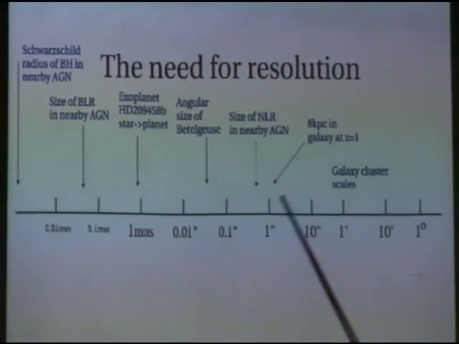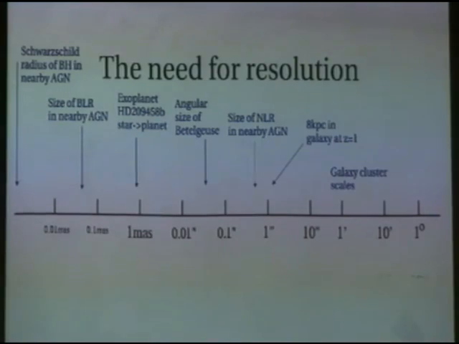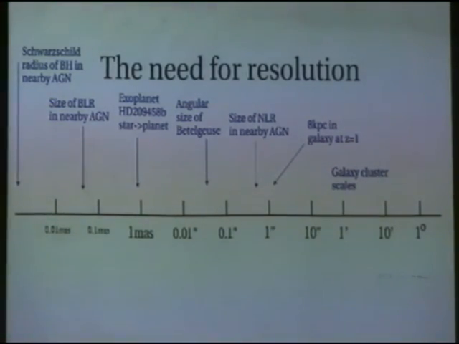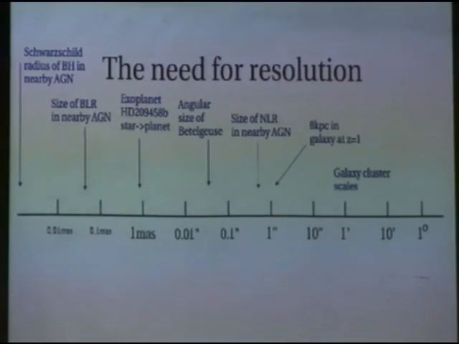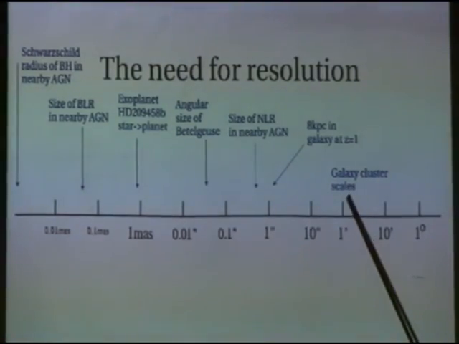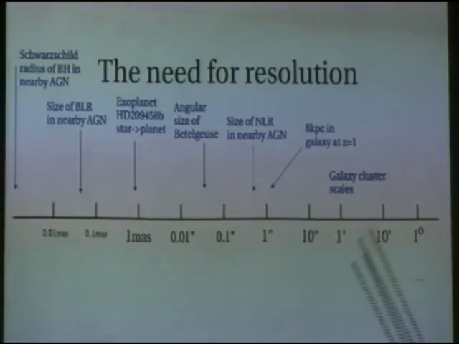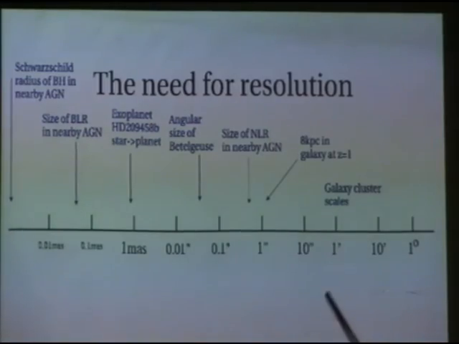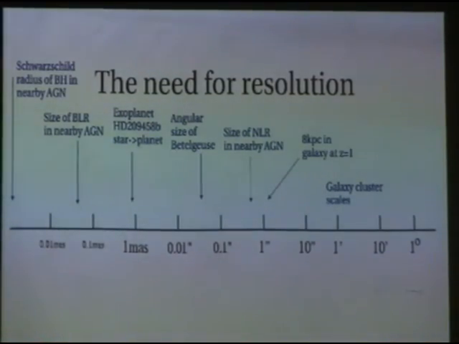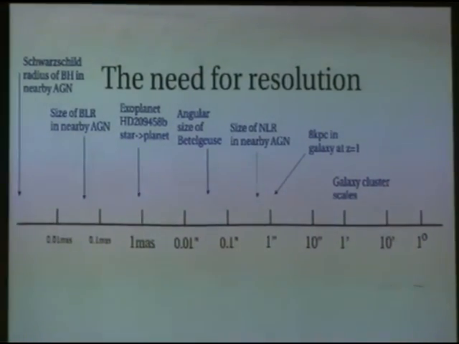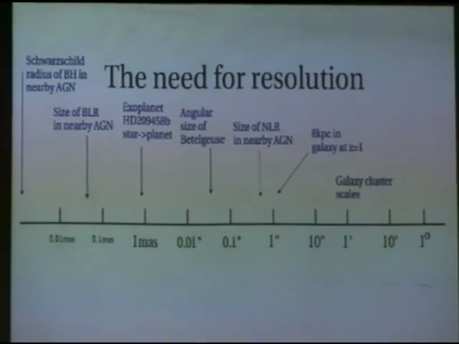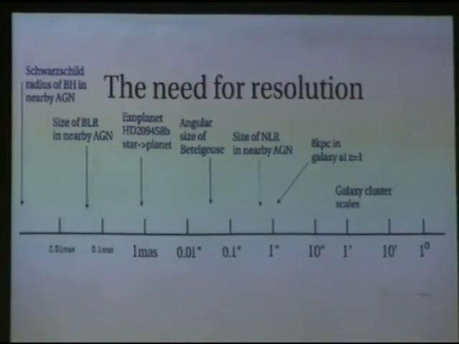So here you have the typical scales of the objects that we look at in the sky, how big they are, right? So for instance, a galaxy cluster would be that scale. Of course, the farther you go in redshift, the smaller they get. But okay, it's just to have a gross idea of how big things are out there.